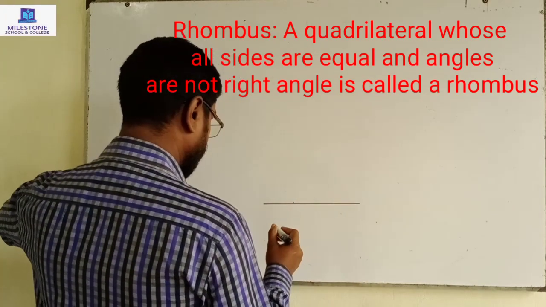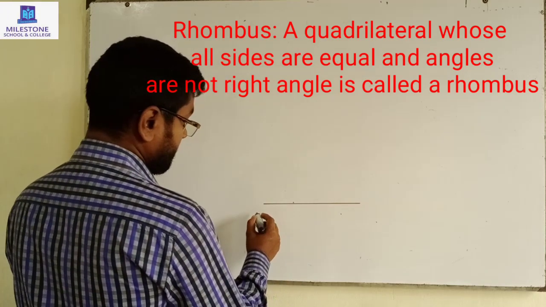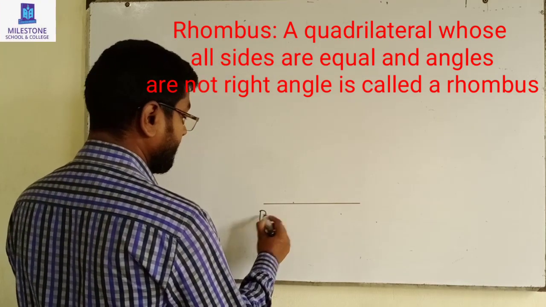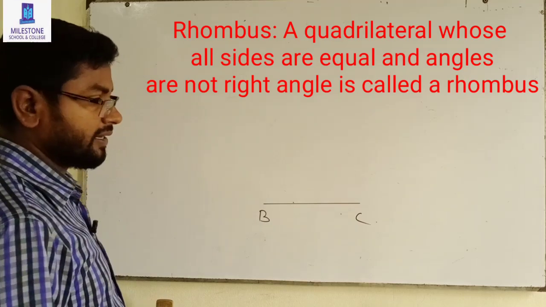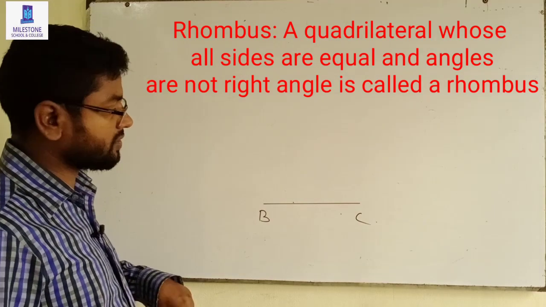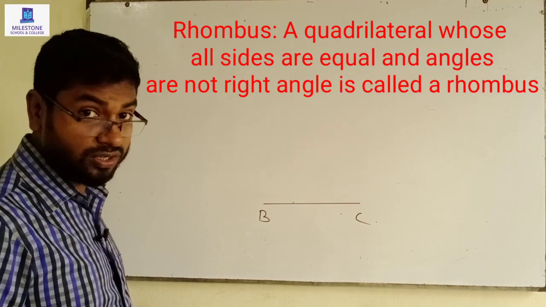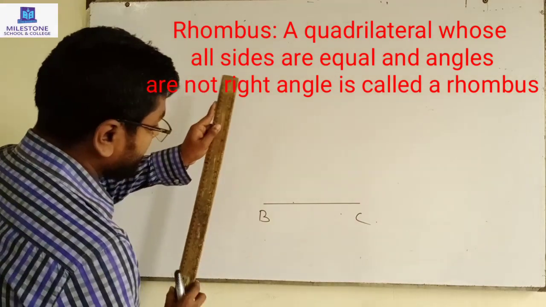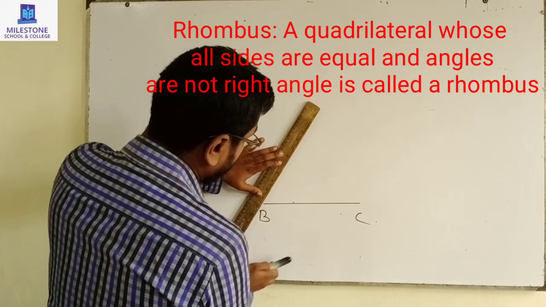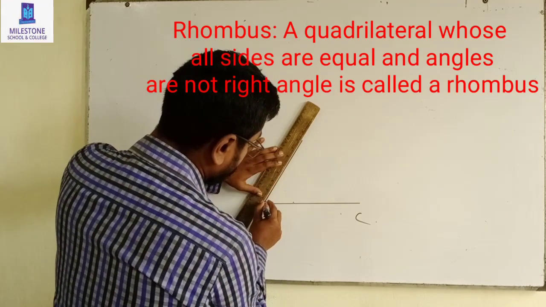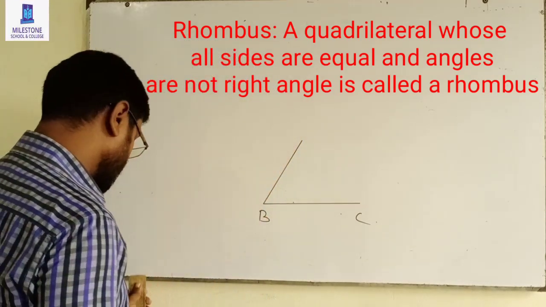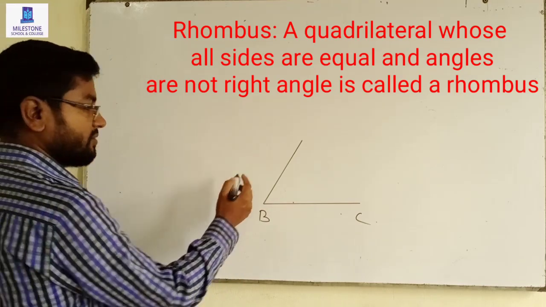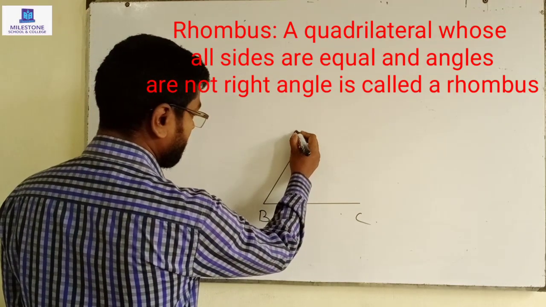We give its name B and C. Now we know a rhombus's angles are not right angles, so we don't need to use the protractor now. At my wish, I will draw one angle here, an acute angle. What type of angle is this? Acute angle. We give its name A.